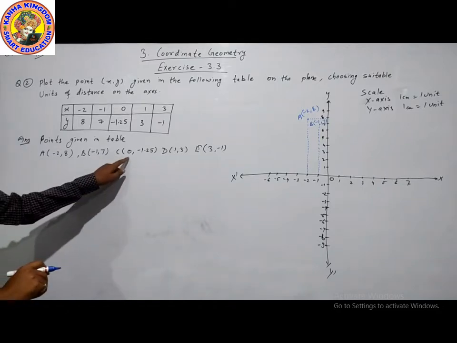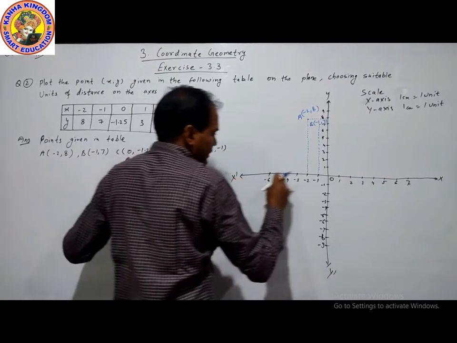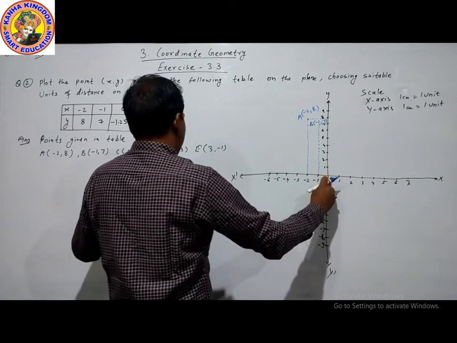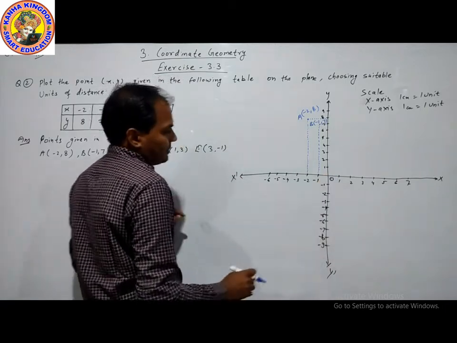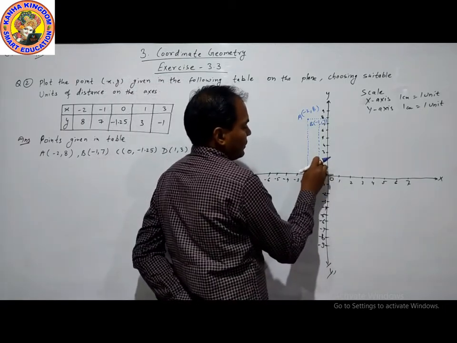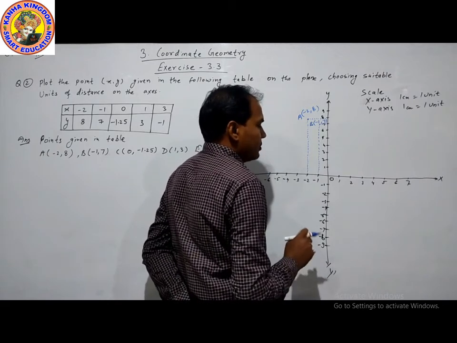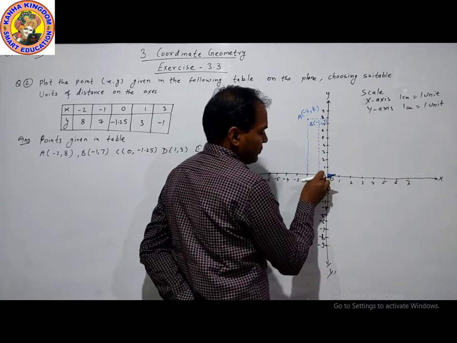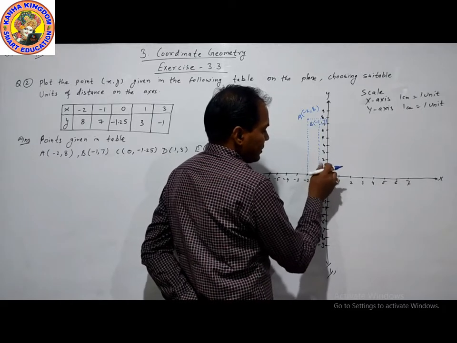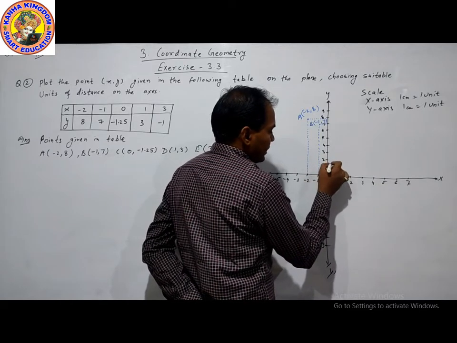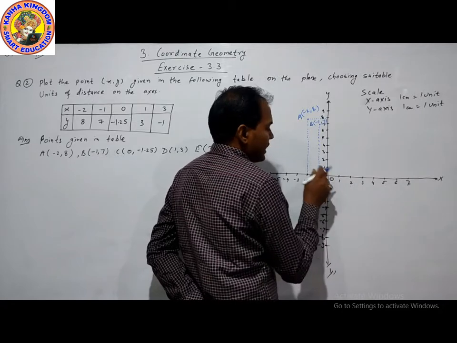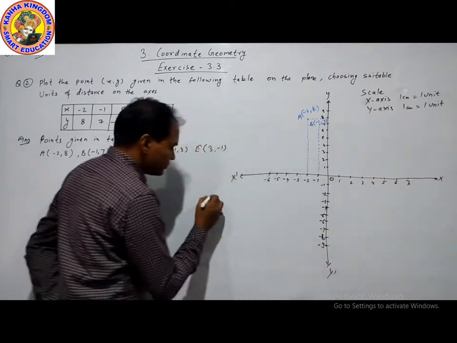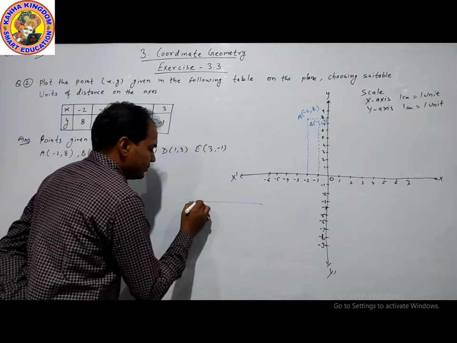Now point C: x is 0, y is 1.25, between 1 and 2 centimeter. Now we will measure 1.25, so put the scale here at 0 and measure. Here is 1 centimeter, and after this there are lines on our scale.